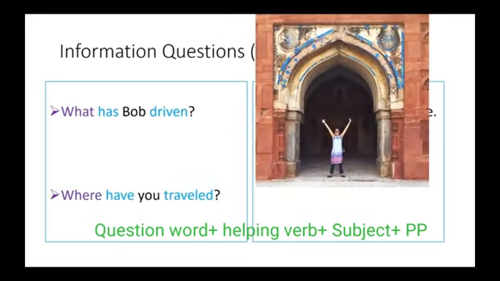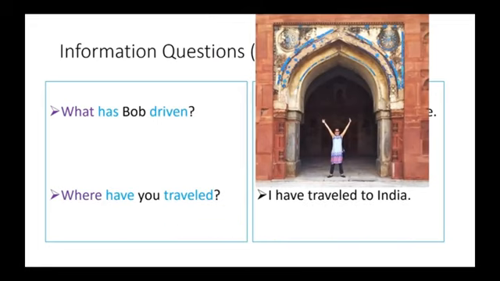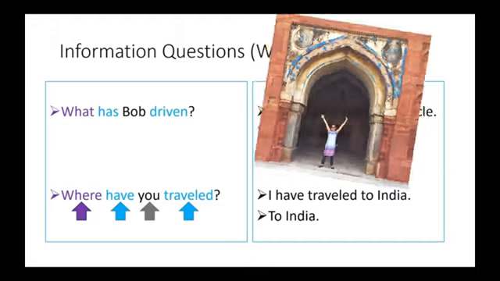Here is another example. Where have you traveled? The answer is I have traveled to India, or for a short answer, to India. So in a WH question, just follow this order: WH word, helping verb, subject, and past participle.